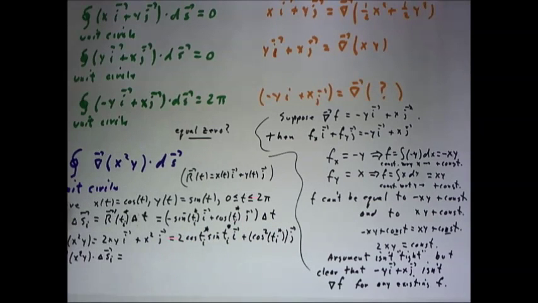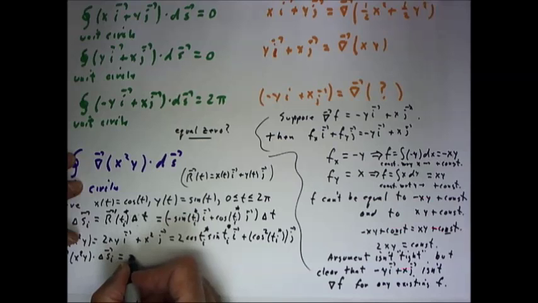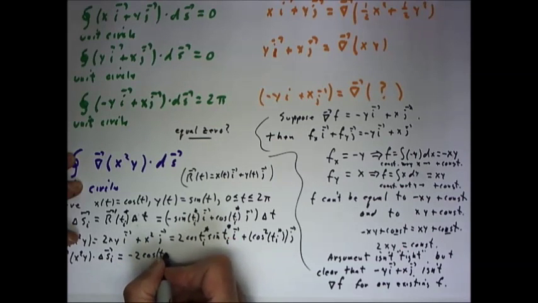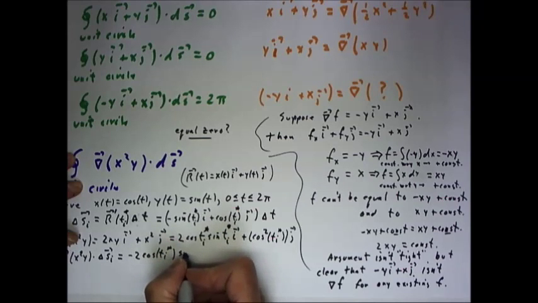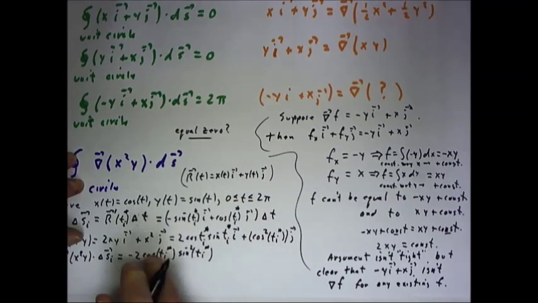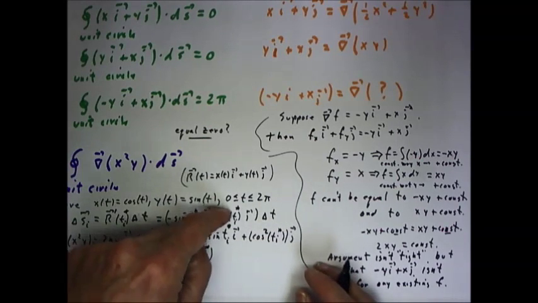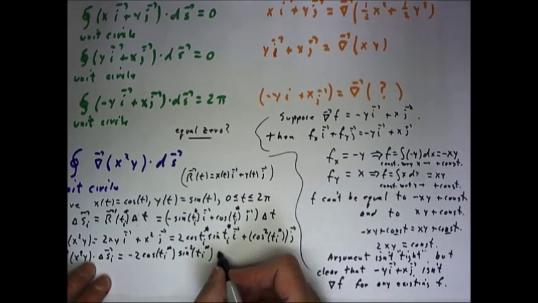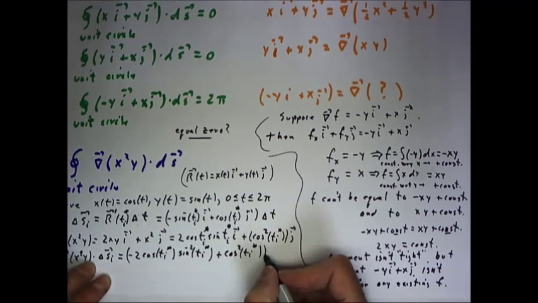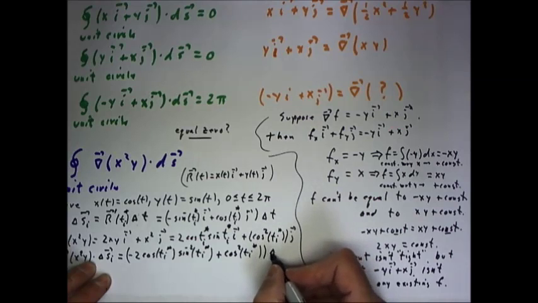So we're going to have negative 2 cosine t sine squared of t, both evaluated again at ti star. And then it's going to be plus the cosine times the cosine squared, so that's going to be plus the cosine cubed of ti star, and all that times the delta t factor.